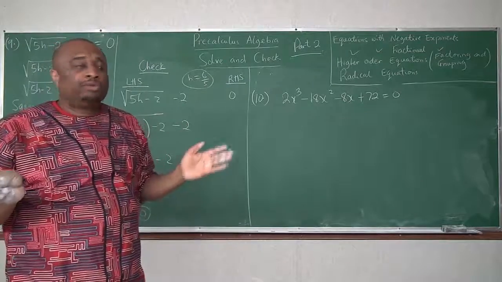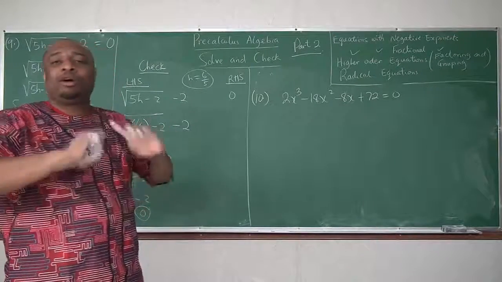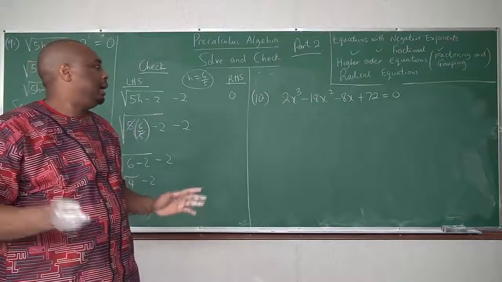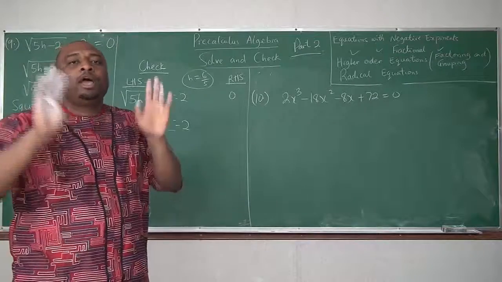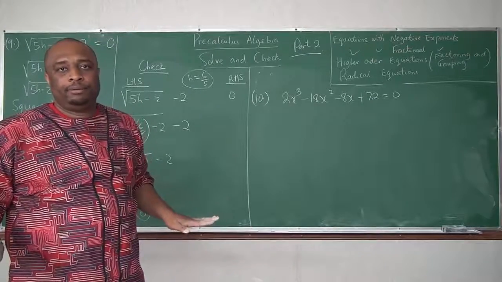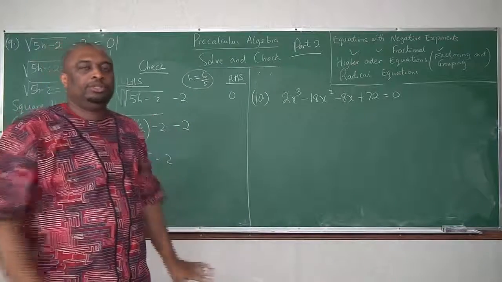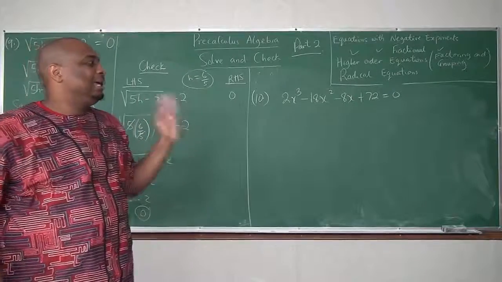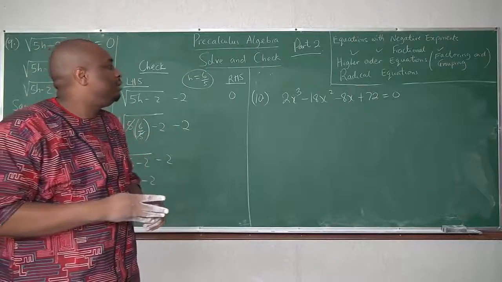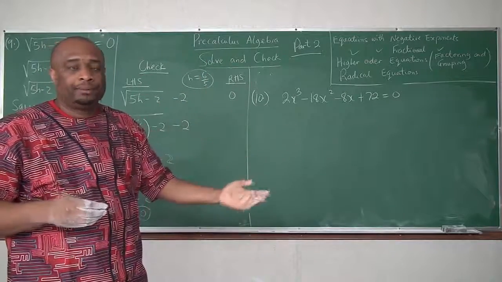If you want to use rational zero theorem, you can do that, but we're not going to do that here. I will teach rational zero theorem separately by itself. I'll teach that and post it on YouTube, put the link on my website. So the ones we shall do in this video are those that you can solve by factoring and grouping.